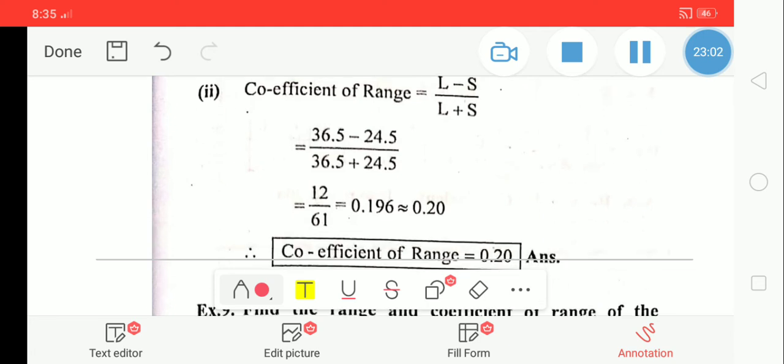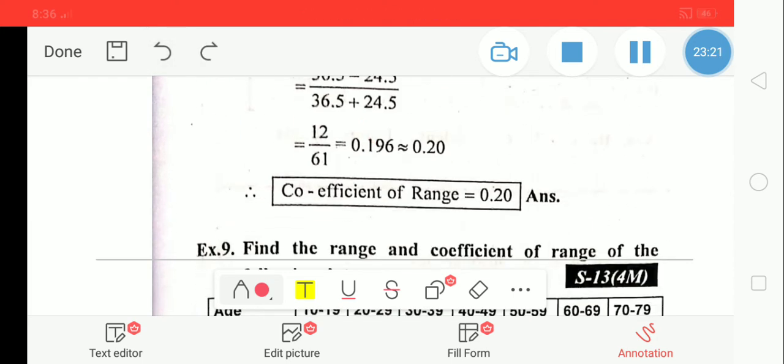That gives 12 divided by 61, which is 0.2.